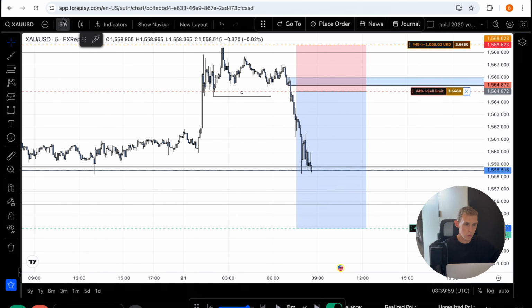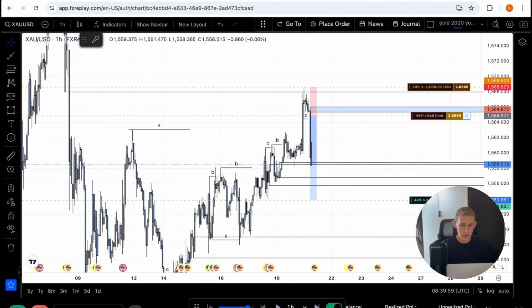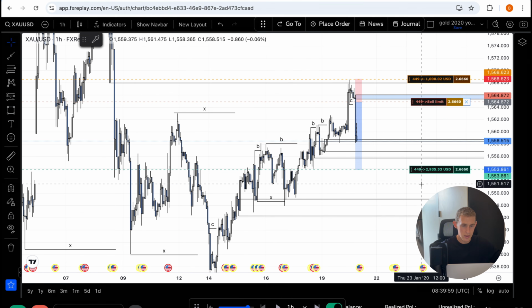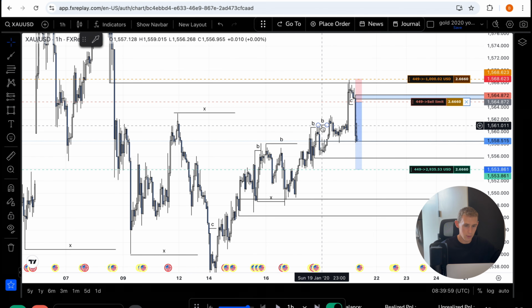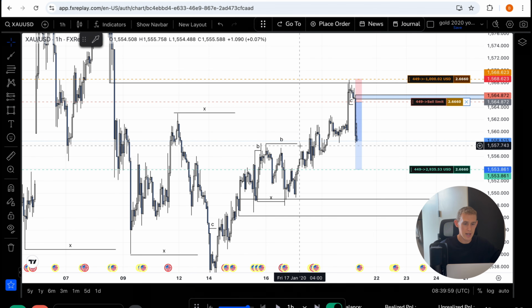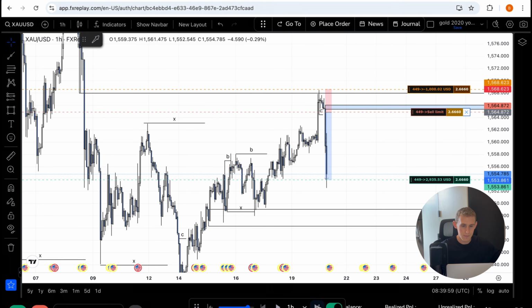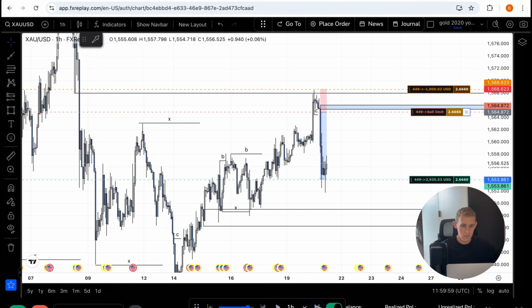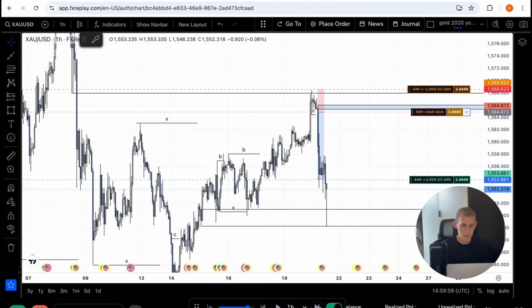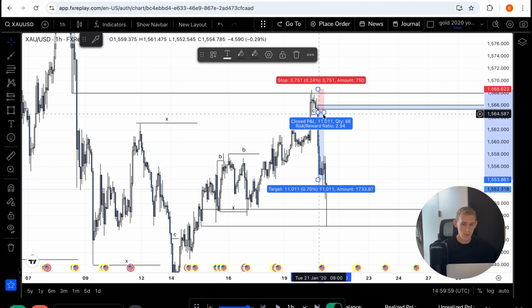Doesn't look like it wants to pull back. What I'm also going to do here is zoom out and just see where we could see price react from, because it could, like I said, it could still continue up. Let's see. Yeah, I'm going to cancel this sell limit now. Obviously, it didn't pull back.